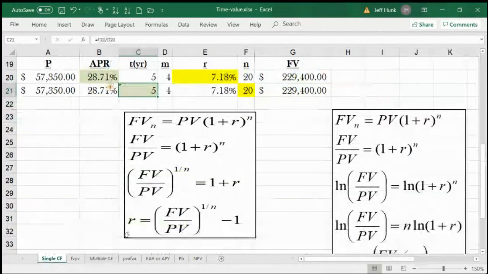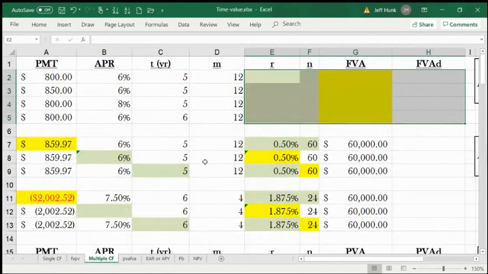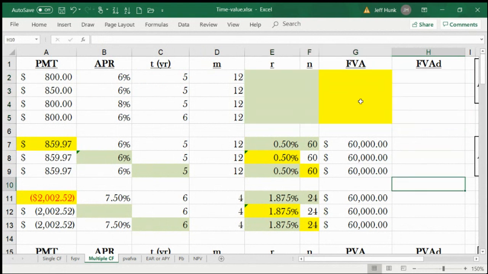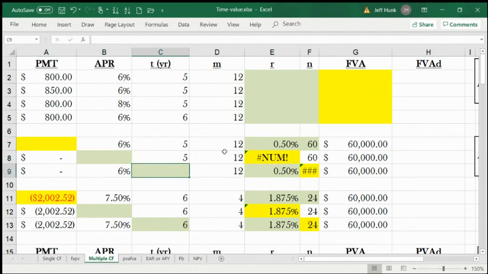Previously, we were on the single cash flow model. This is the time value of money. Now we are on multiple cash flow. So you gotta click on this bottom tab that says multiple cash flow. When you open it, maybe these cells would be already filled in, so I want you to clear out all the highlighted cells when you open it.